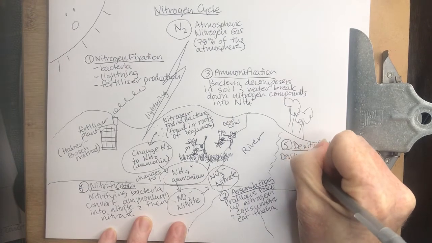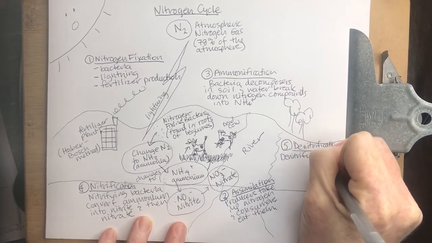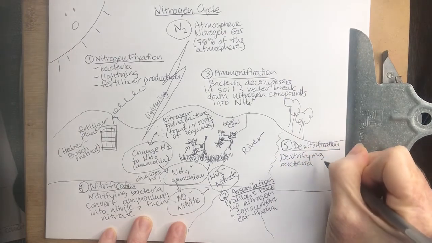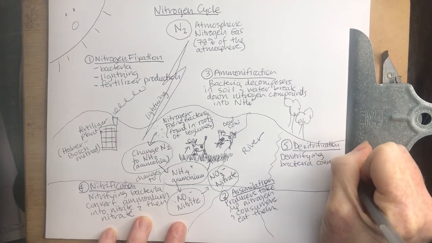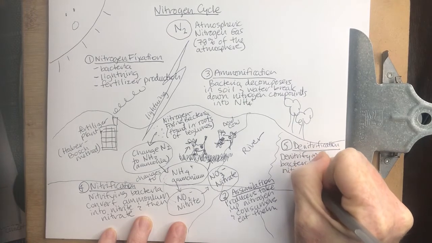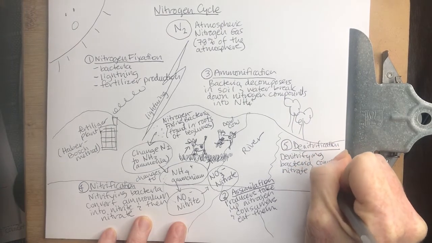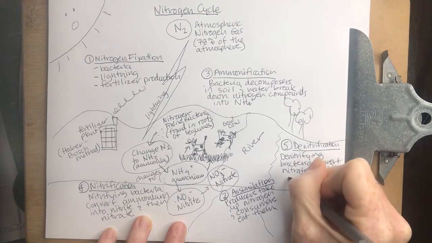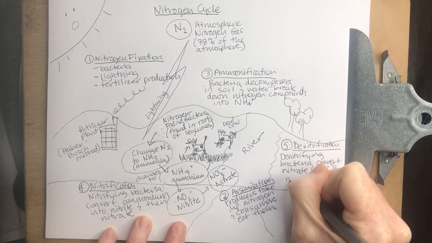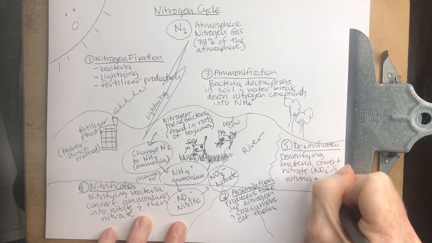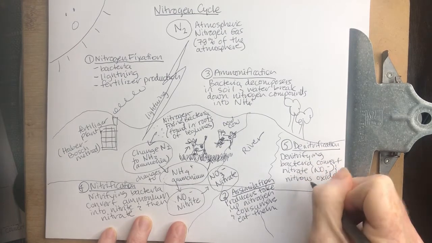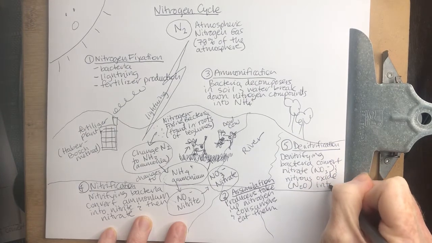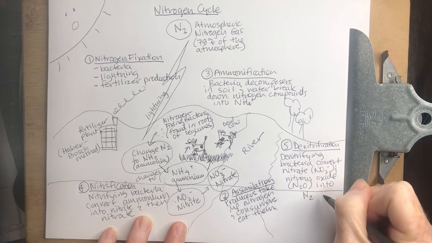So the denitrifying bacteria convert nitrate, NO3, and nitrous oxide back into atmospheric nitrogen gas.